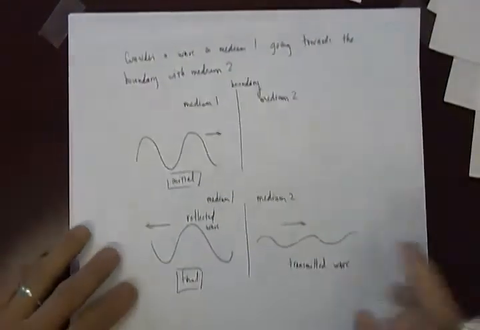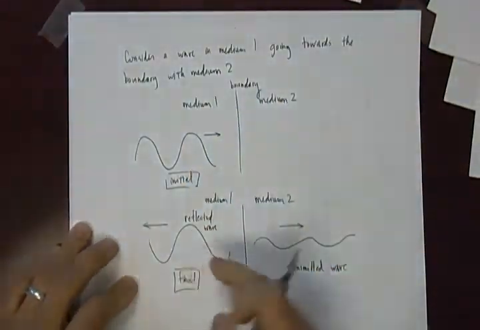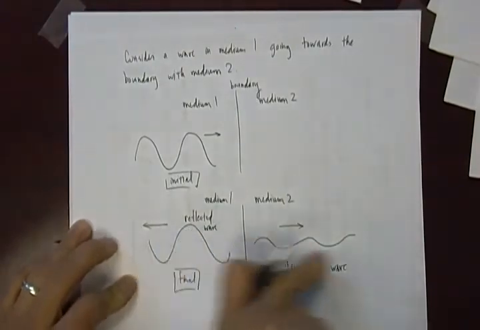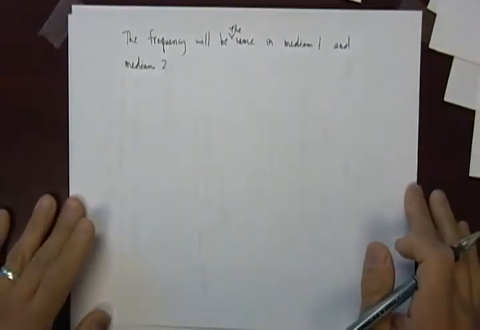Okay? So what I mean by the same is all these things, they all have the same frequencies. The initial wave, the final wave reflected, as well as the final wave transmitted, all these guys will have the same frequency.